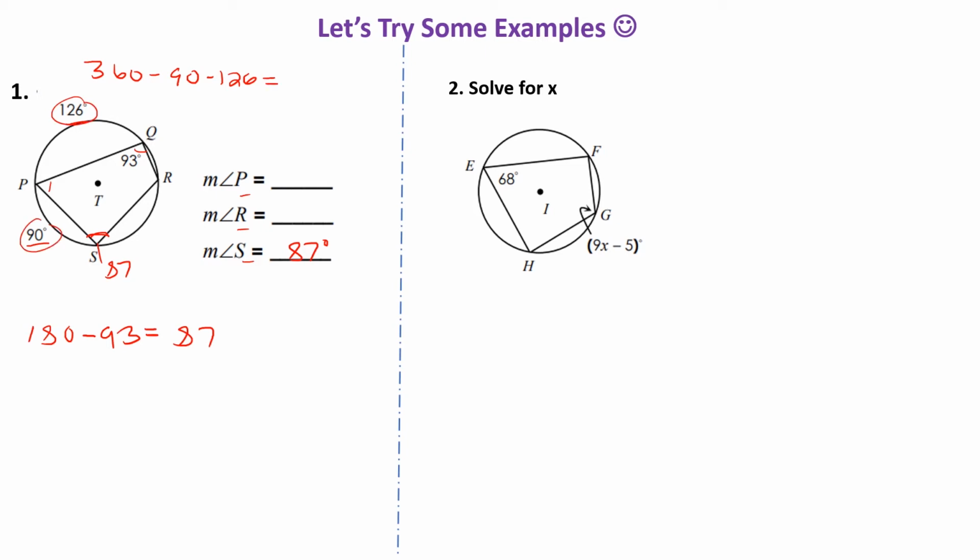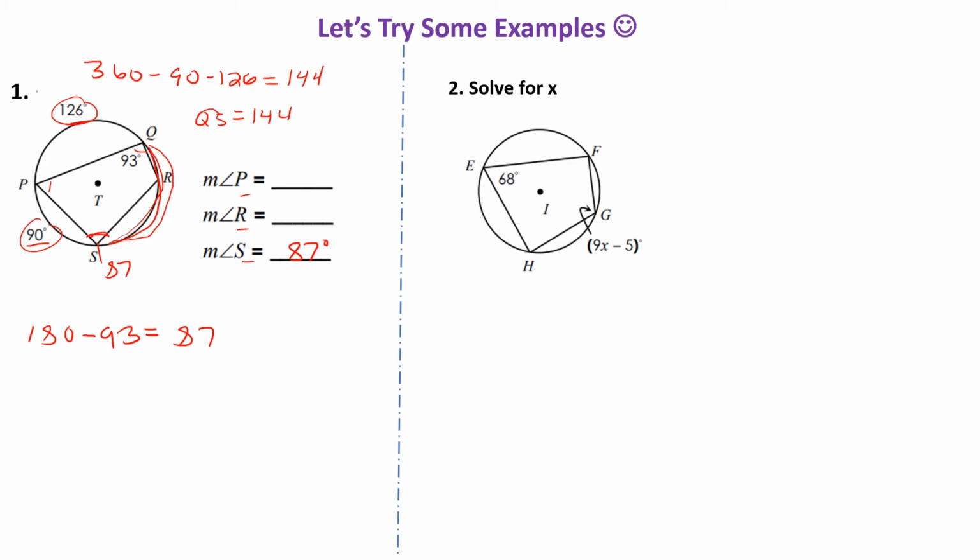And once I subtract that, I get 144. So arc QS is 144. So this piece right here is 144.